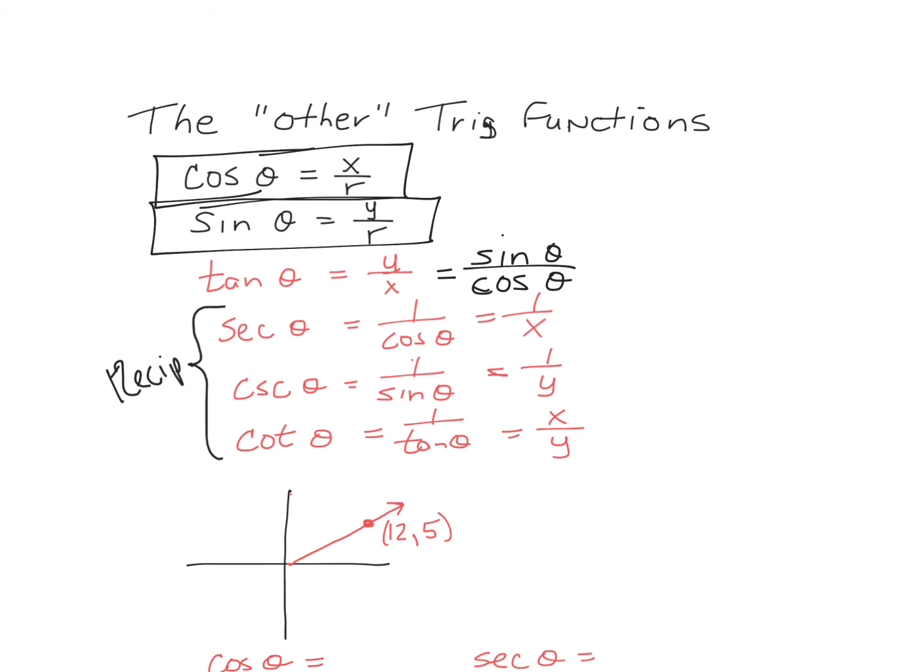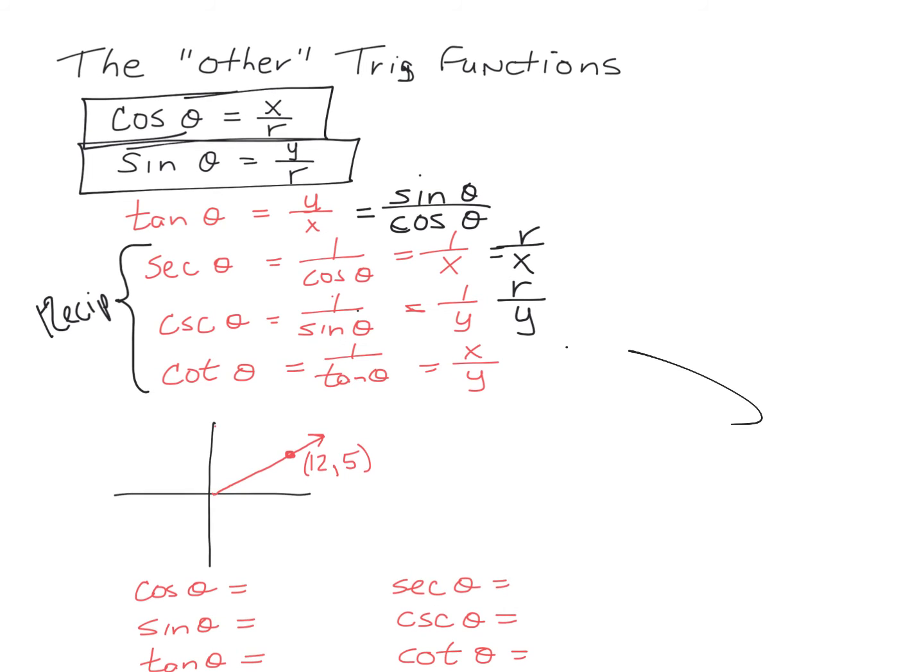The cosecant is the reciprocal of sine, which would be then 1 over y, or r over y. And cotangent is reciprocal of tangent, which would then be x over y, or could be defined as the cosine of the angle divided by the sine of the angle.